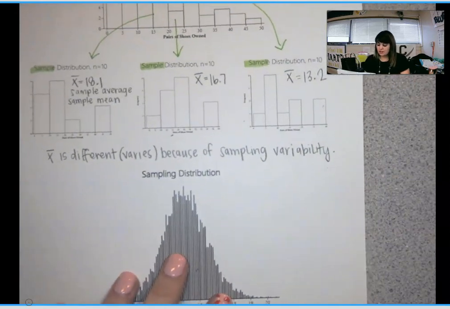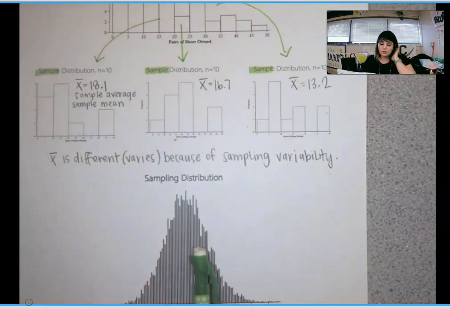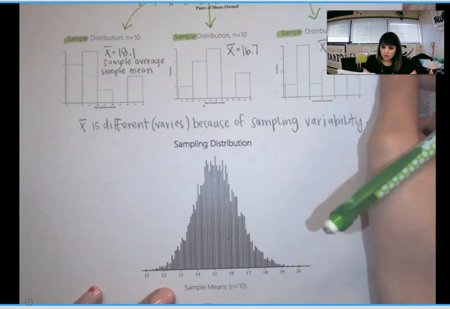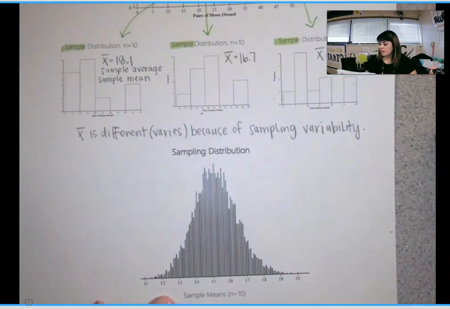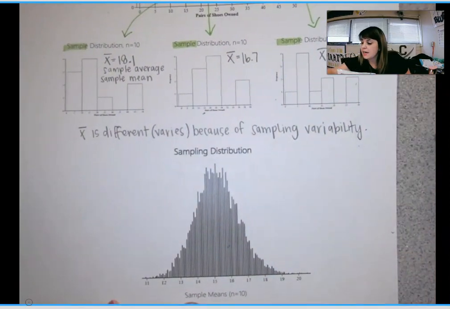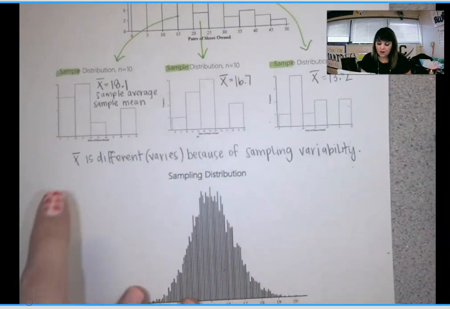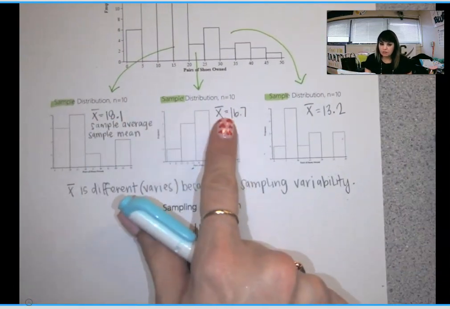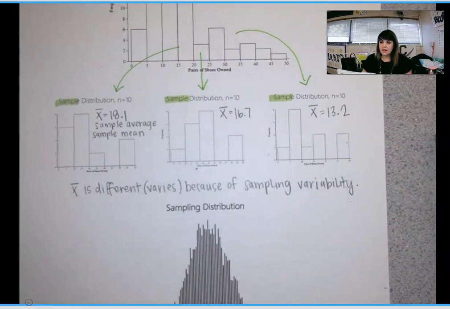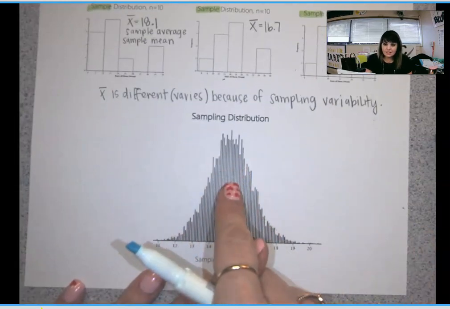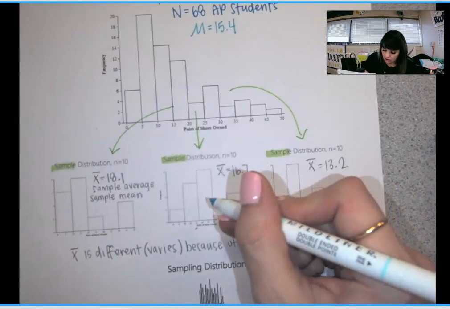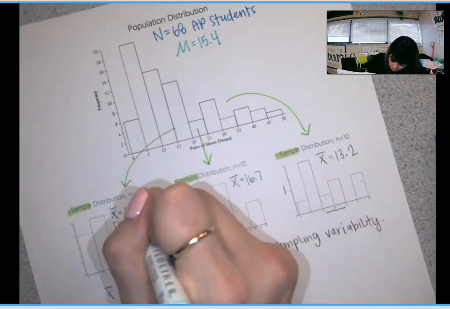So the first thing that I want to do in looking at this sampling distribution is make sure that it is clear that we all understand that you can find these three samples in this sampling distribution. So I'm going to highlight these.